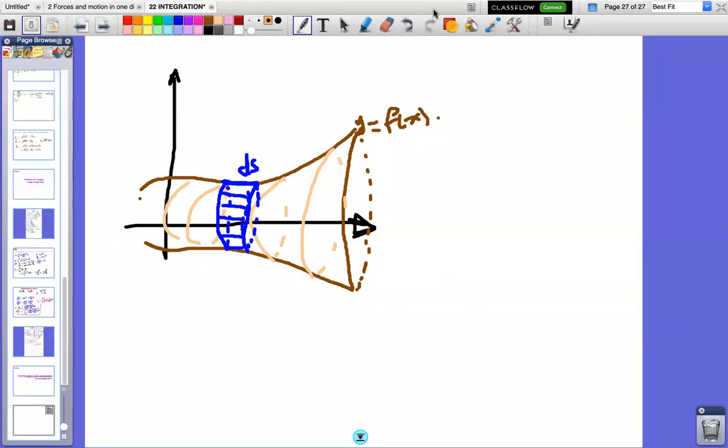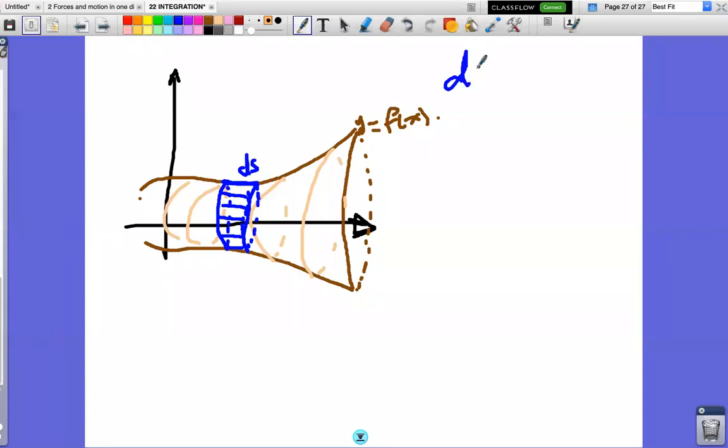First, last time we saw that ds squared was equal to dx squared plus dy squared.